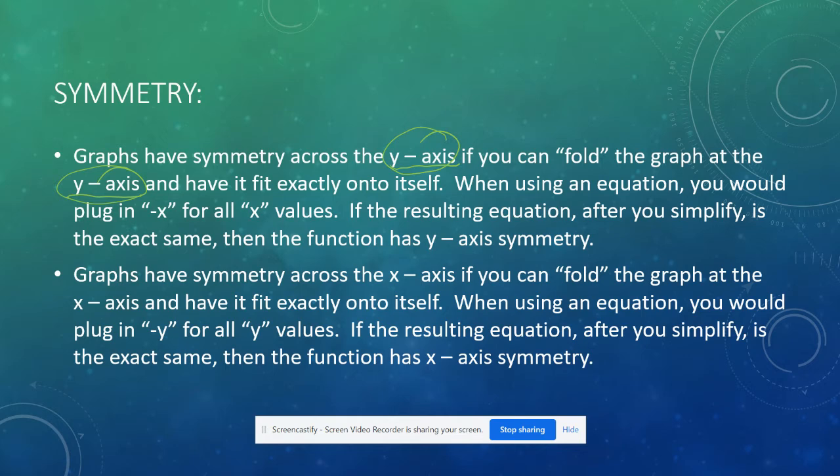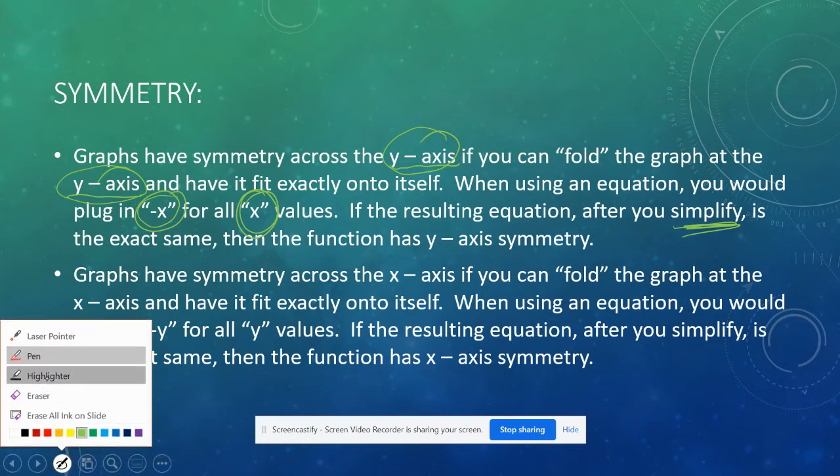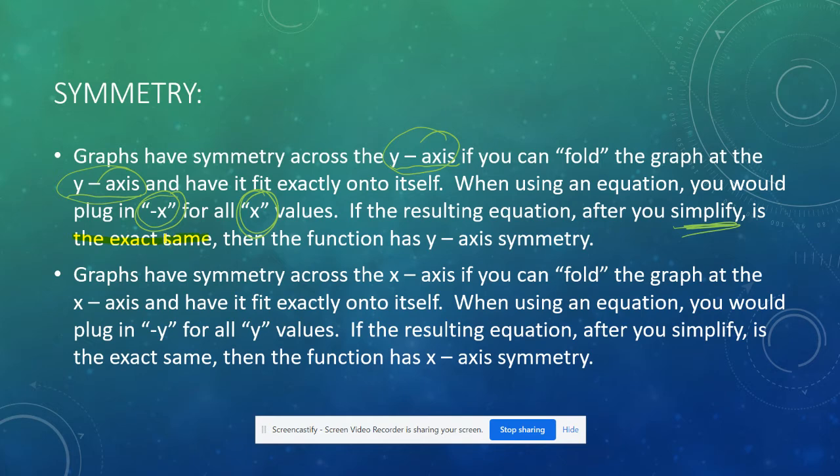If you are looking at an equation rather than a graph, you plug in negative x for all of the x values and simplify. So you're simplifying here, and you would have to have the exact same equation you started with to have y-axis symmetry.